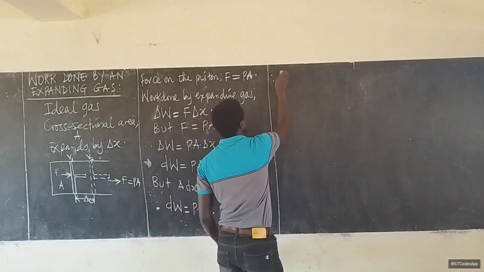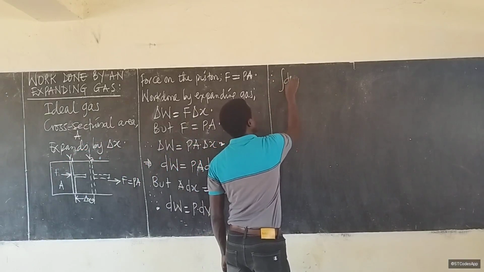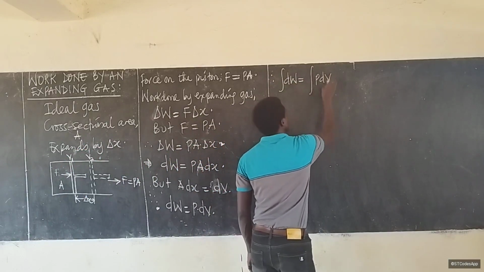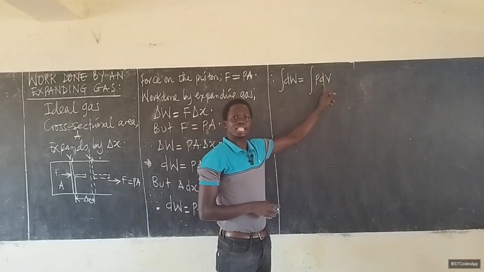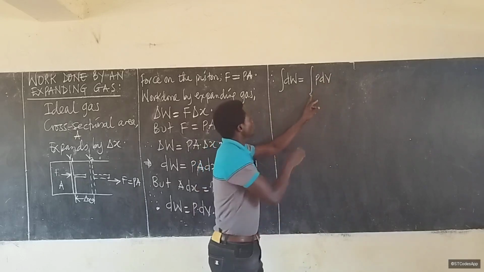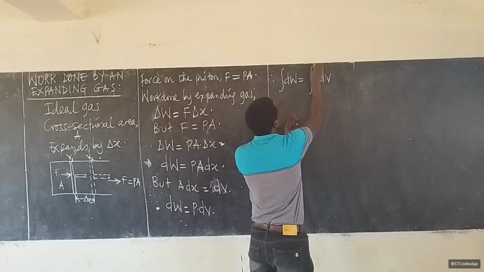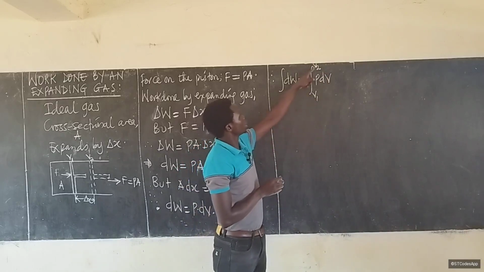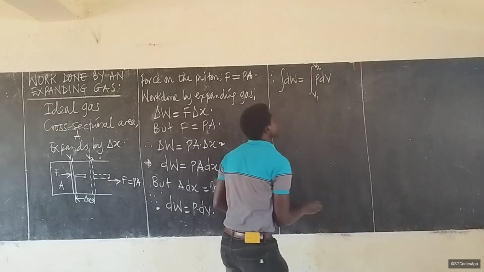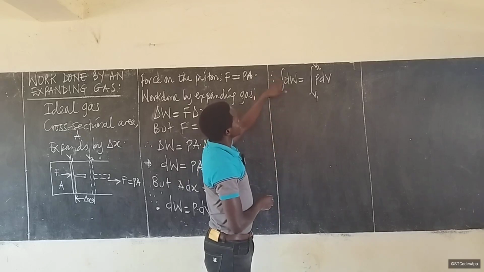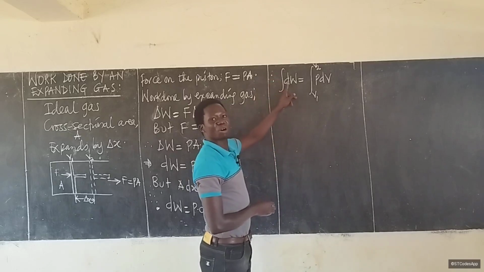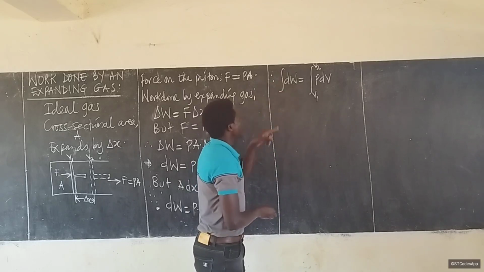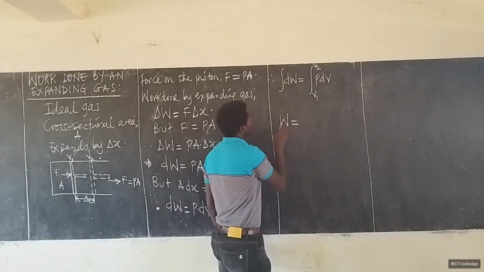Therefore, the integral of dW would be equal to the integral of P dV. The volume runs from V1 to V2 in an expansion. The sign of differentiation and the sign of integration cancel themselves.